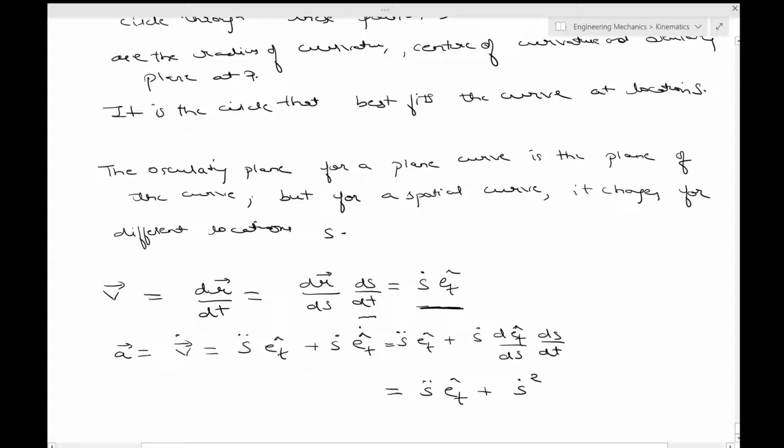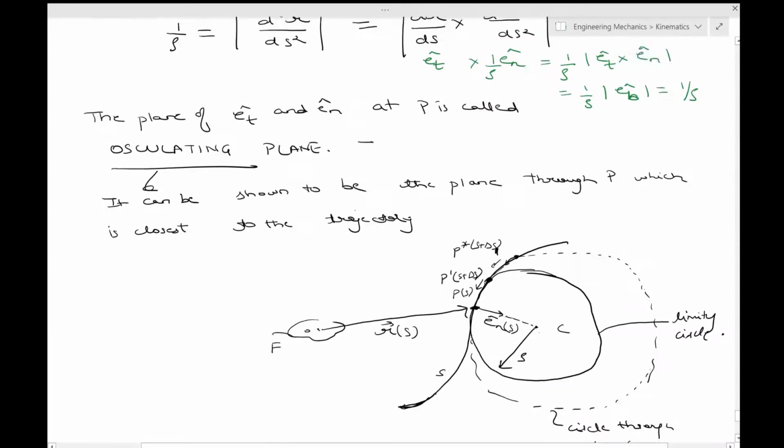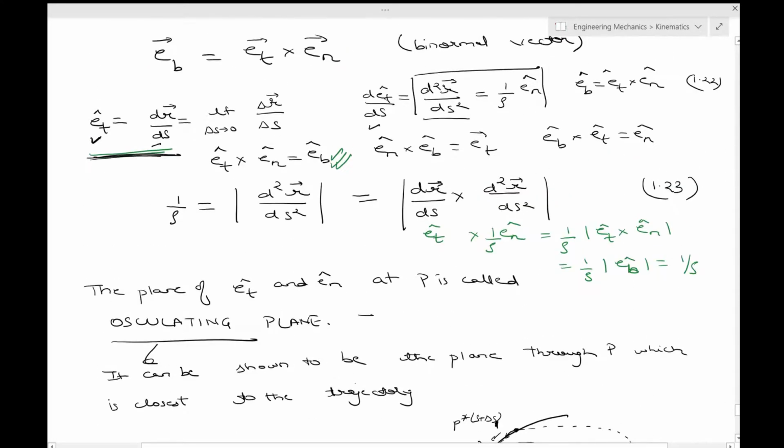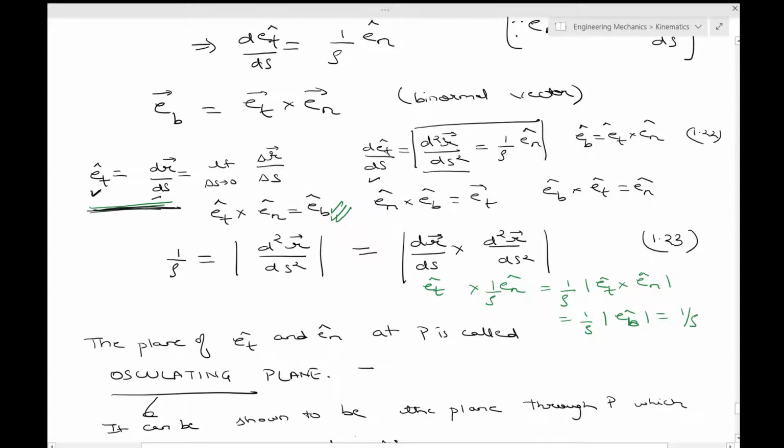Now if you remember, det by ds is equal to en hat by rho. You should actually pause the video and see it yourself, but I am showing it now since we are beginning to learn this course.